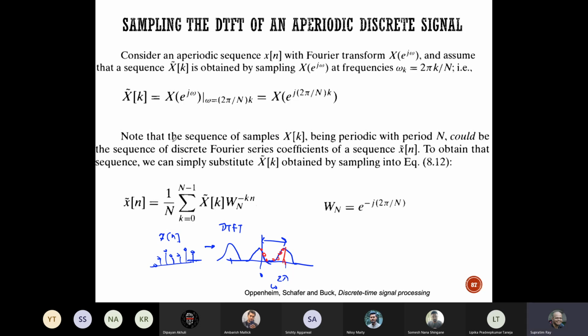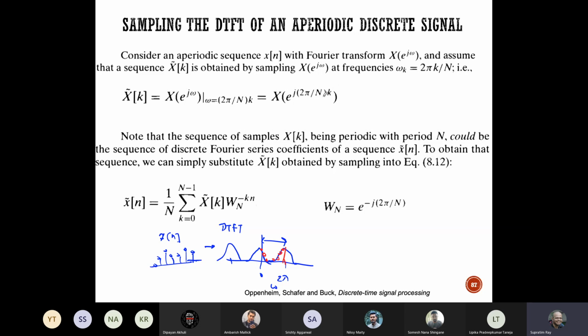Okay, so now the sequence of samples X̃[k] is periodic with a period of n. If k goes beyond n, it's going to become the same as 0, 1, 2, and so on, right? So 0 to n minus 1.